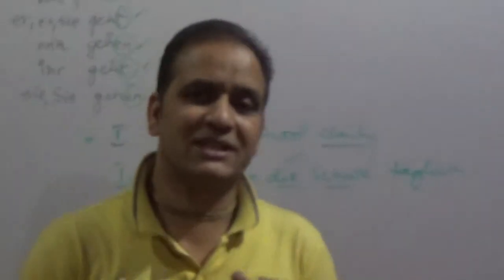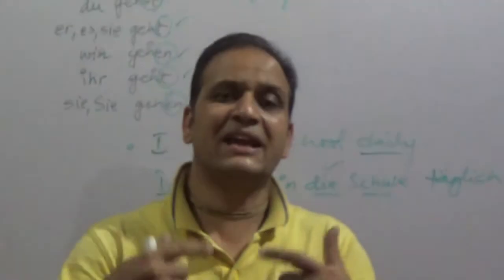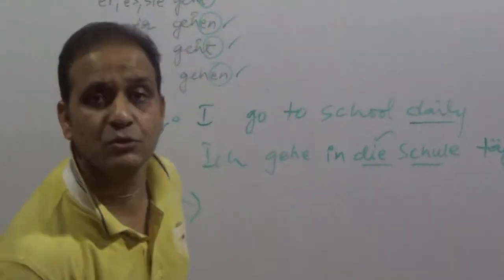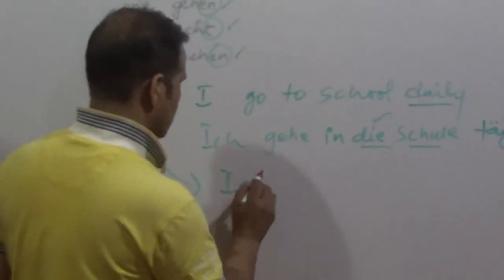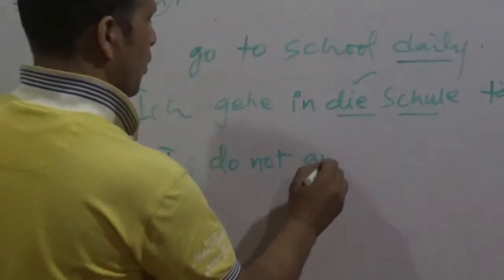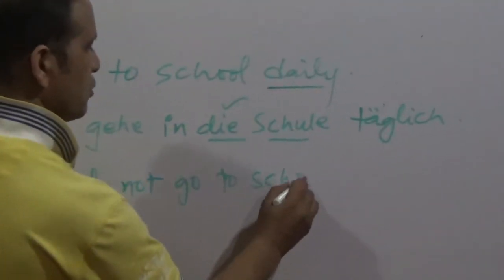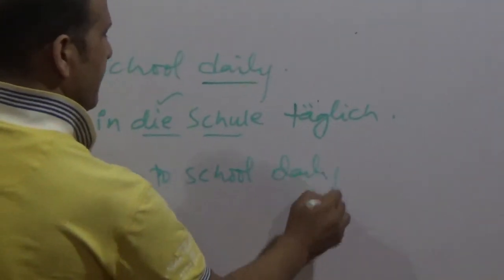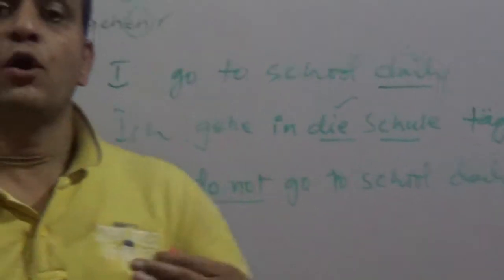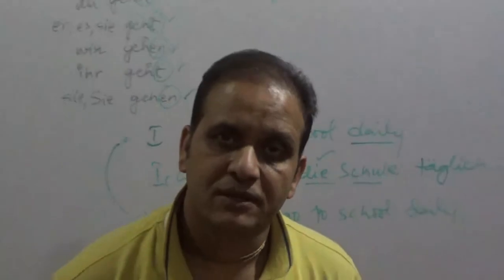But suppose you want to say the same sentence in negative in English. So how will you say it in English? In English, you will follow English rules. What are the English rules? I do not go to school daily. So in English, we use do not or does not as per the subject.